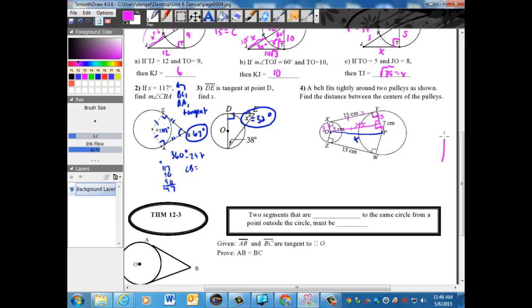So I'm going to redraw this triangle. I'm going to change colors to show you what I'm going to do. I'm going to redraw this right triangle, and the reason why is I'm trying to find x, which is opposite our 90 degree angle, so it's going to be our hypotenuse. So sorry about that, let's change colors back.